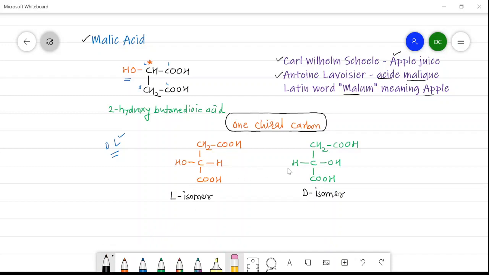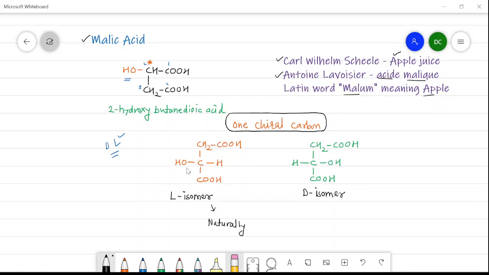This is the L isomer and this is the D isomer of malic acid. The L isomer is naturally occurring, but the D isomer is not naturally occurring. That's why we only get the L isomer of malic acid. Look, the OH group is on the left side of the chiral carbon.